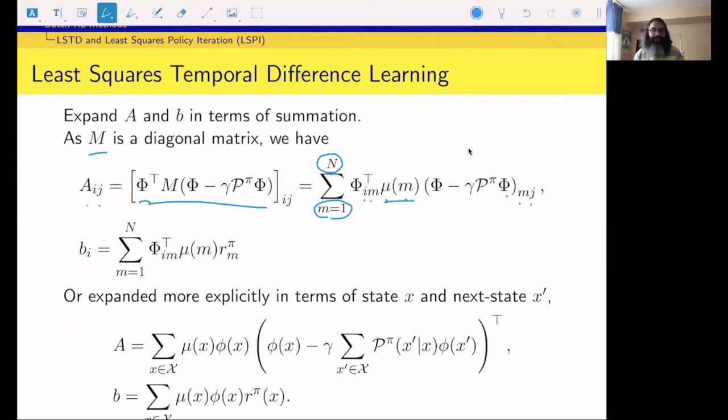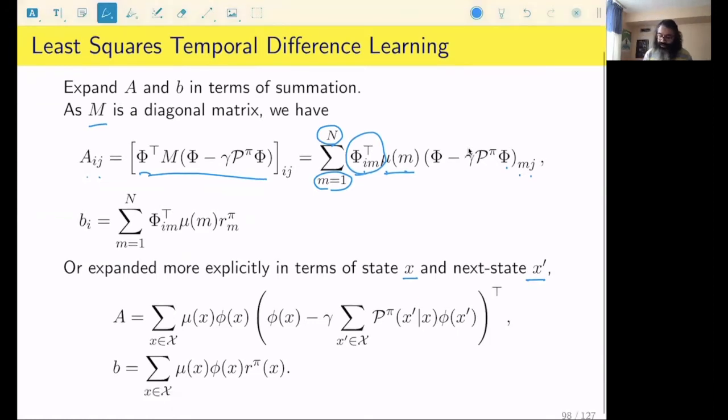If we expand it more explicitly in terms of the state x and next state x prime, and expand this capital phi transpose and each of these elements in a more explicit form, then A would be the summation over all states, weighted by distribution mu, of phi, which is a p times 1 vector, so phi of x, times phi of x minus gamma times the expected value of phi at the next state.